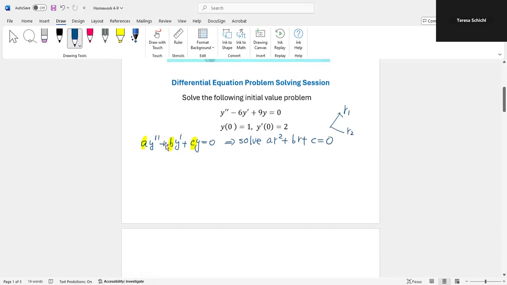All right, so in here we have three situations. Situation number one: if we solve it and find that r1 and r2 are real numbers, then your solution will be y of x equals c1 e to the r1x plus c2 e to the r2x.